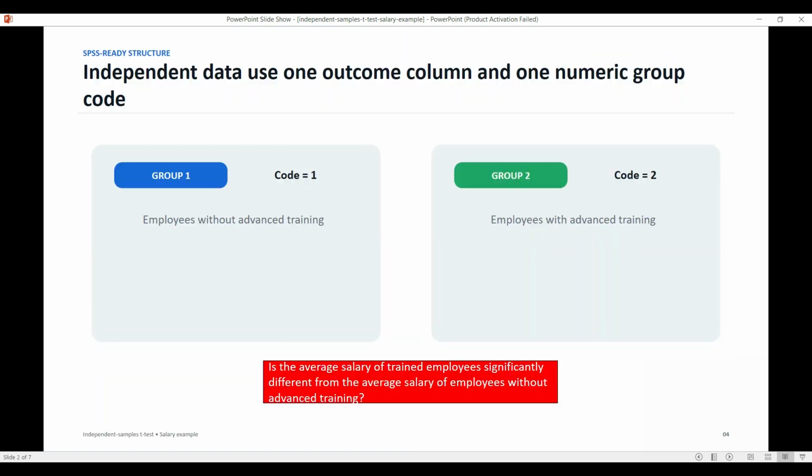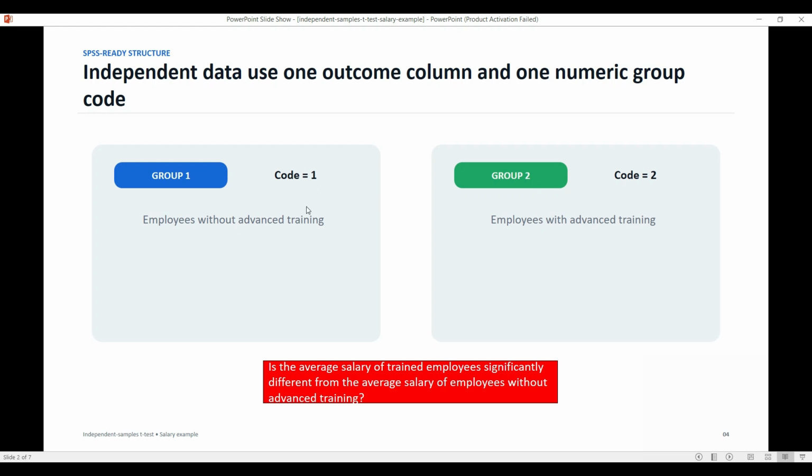So first of all, we see the independent sample t-test uses data with one outcome and one numeric group. So you can see here, we divided the data into two groups. Group 1 is employees without advanced training and group 2 is employees with advanced training.